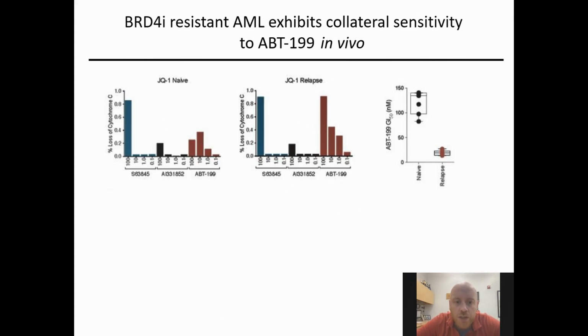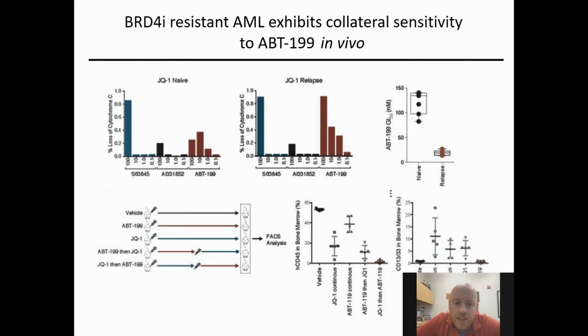What we showed using BH3 profiling and the retrieval of cells and functional in vitro assays is that while treatment-naive cells are modestly sensitive to ABT199 therapy, those cells that emerge following treatment with JQ1 with resistance to JQ1 exhibit hypersensitivity to ABT199 therapy. This validates the idea that the treatment of cells initially with a BRD4 inhibitor primes an evolutionary trap.